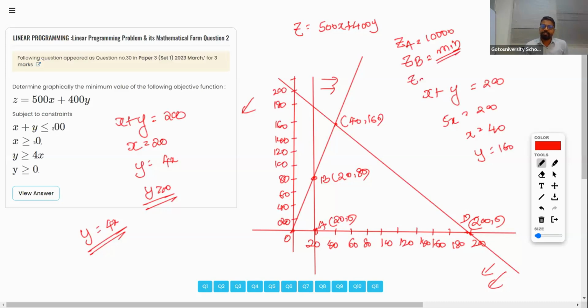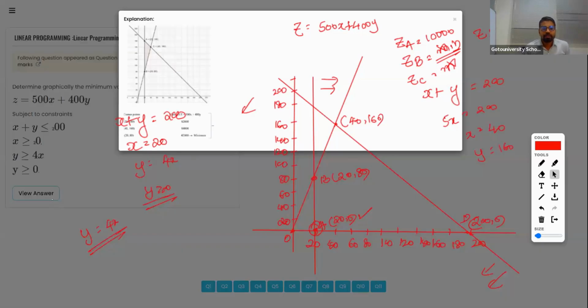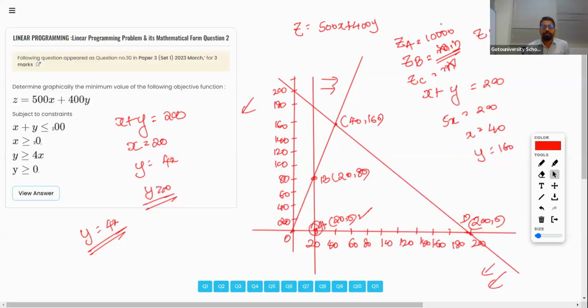ZC will also cross the value, and ZD will also cross the value. So the answer is, where is the minimum value? At A, 20, 0. That's our minimum answer. Yes, that's how we get the minimum value.